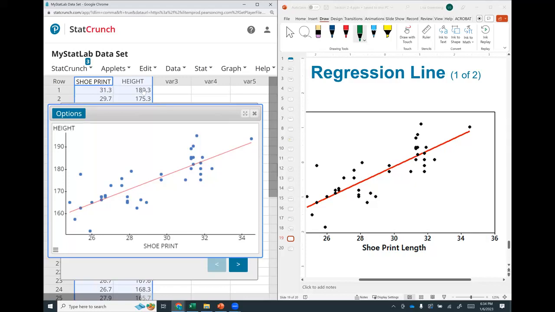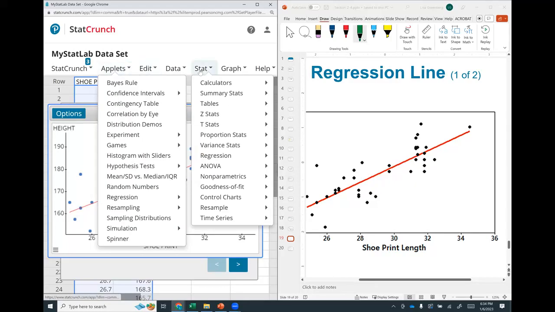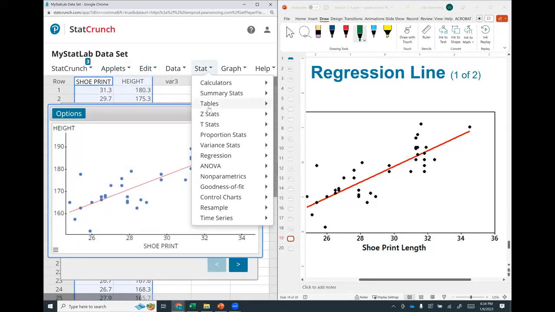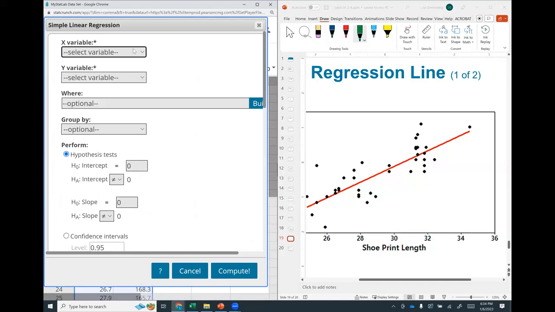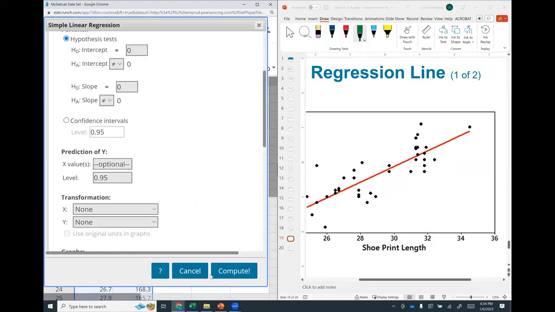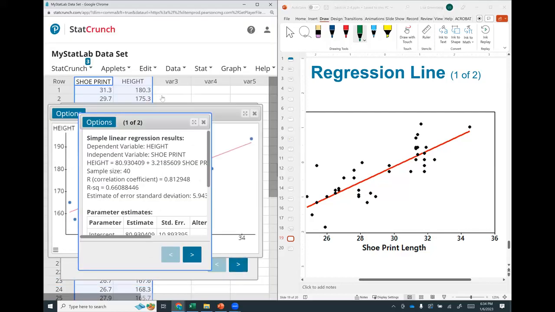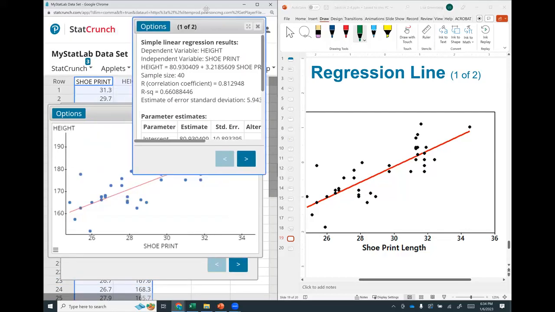Where does that equation come from? Okay, so notice, here we go.